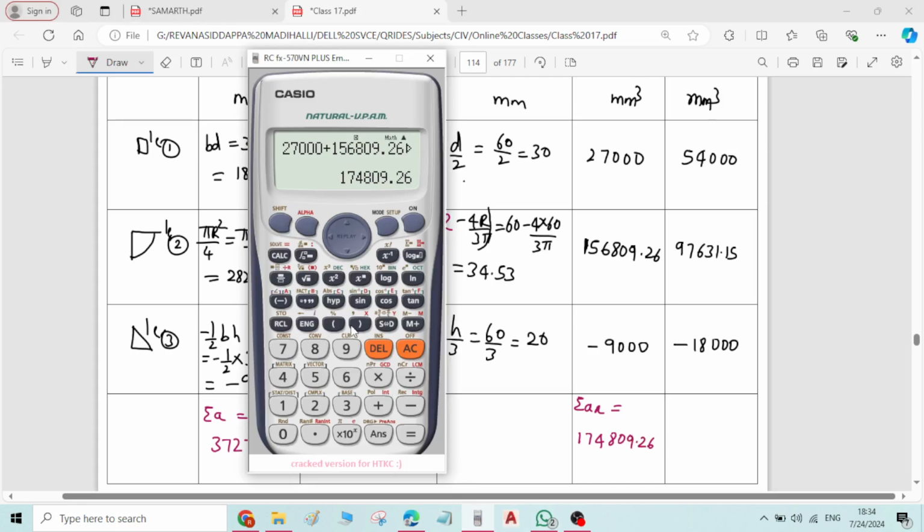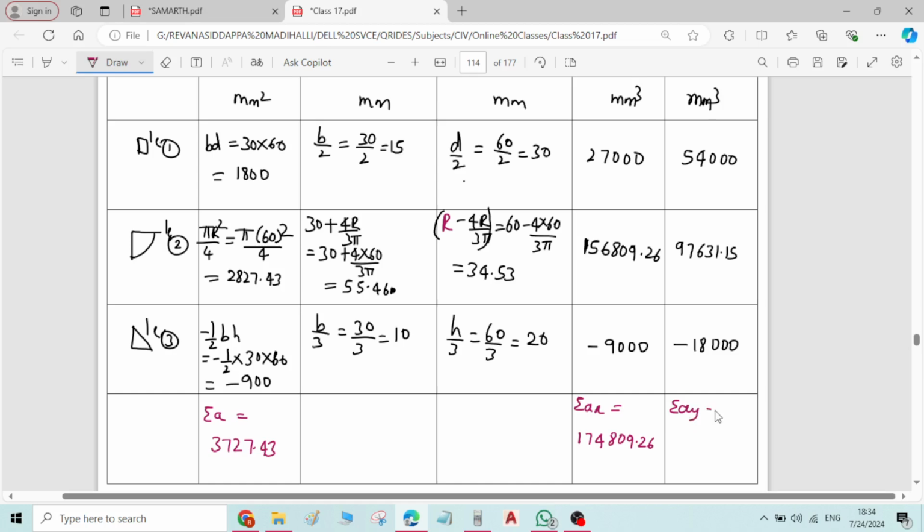Then sigma AY is 54,000 plus 97,631.15 minus 18,000. The answer is 133,631.15.